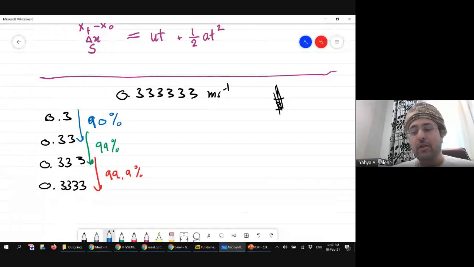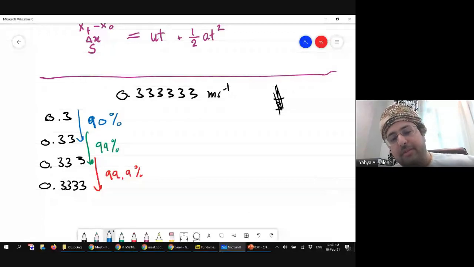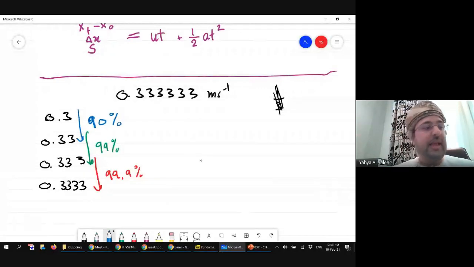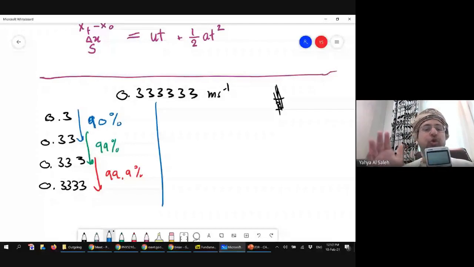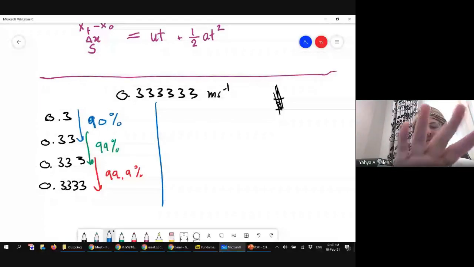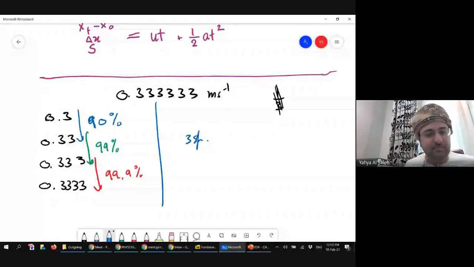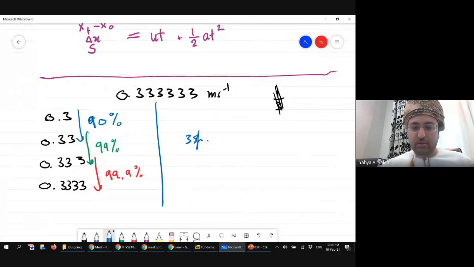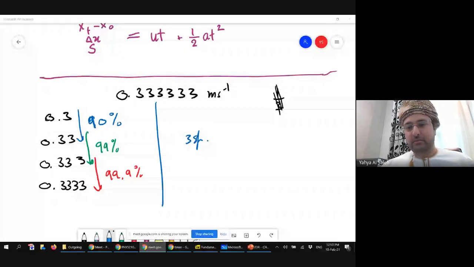Yes. The usual rule of thumb that I always advise students in calculations, do not round. For the final answer, 3 significant figures is usually a safe bet.